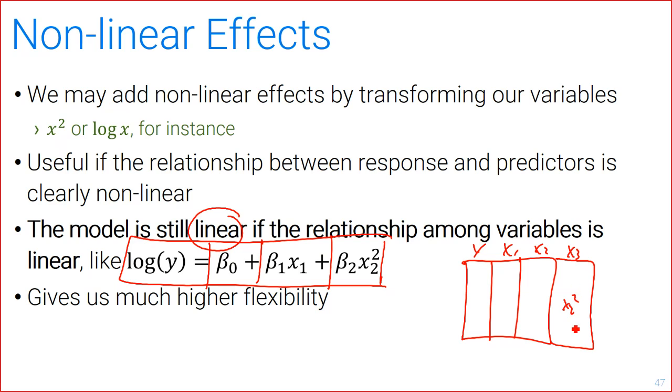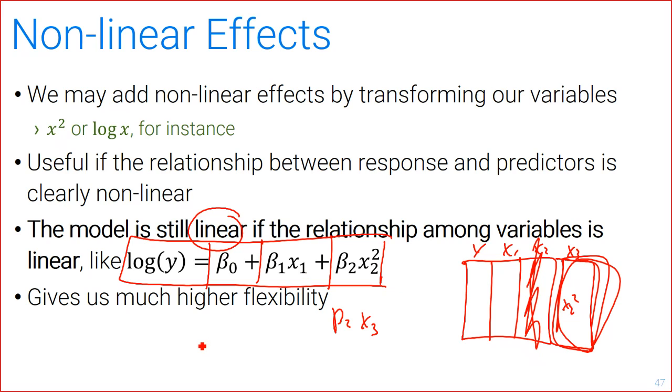Now, maybe you don't know that this is actually x2 squared. You have knowledge about it, but that knowledge is useless when you're fitting the model. You could very well call this beta 2 x3, and it would be fine. It's just another name for this vector of numbers. This is still a linear model, regardless of how you transform each of the variables.